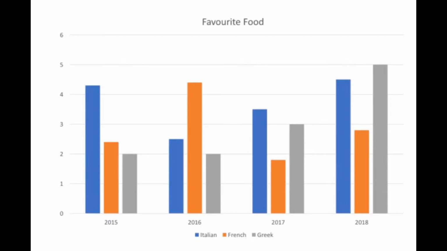Okay, so let's take a look at our bar graph now. Here we have information about people's favorite food and how that changed from 2015 to 2018. Let's focus on French food, for example. In 2016, it seems that French food was the most popular, but in 2017, we see it is the least popular.